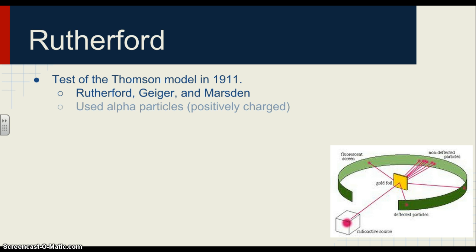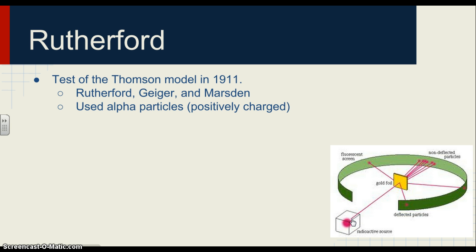What they did was use positively charged alpha particles. These are radioactive particles. They're not very dangerous radiation. In large number they can be, but one of the good things about radiation is it's easy to see where it's going. All you need is a piece of camera film. They had something that was making alpha particles, and they shot them towards a piece of gold foil.